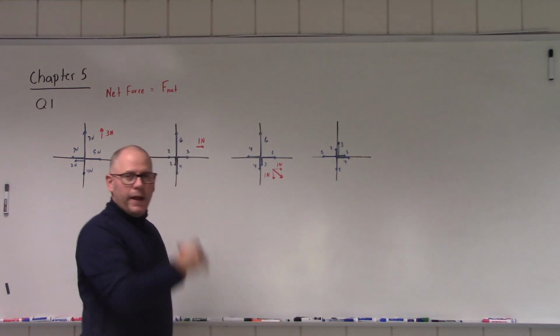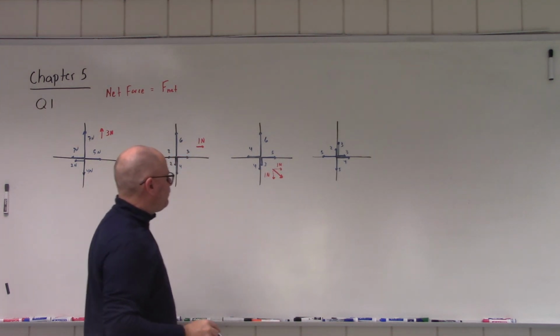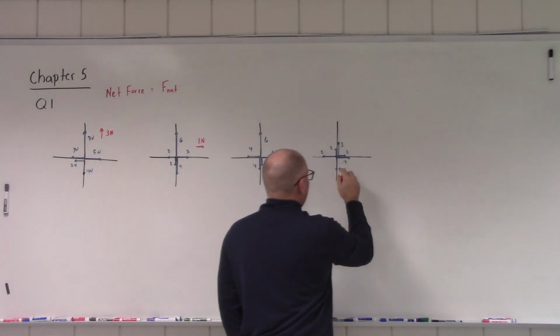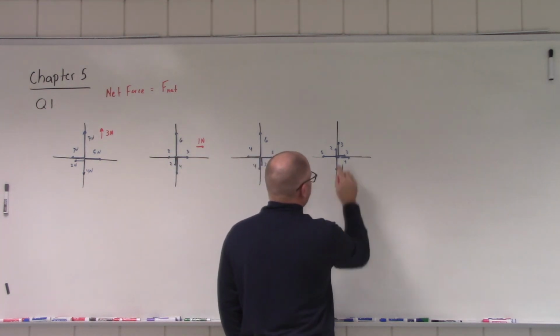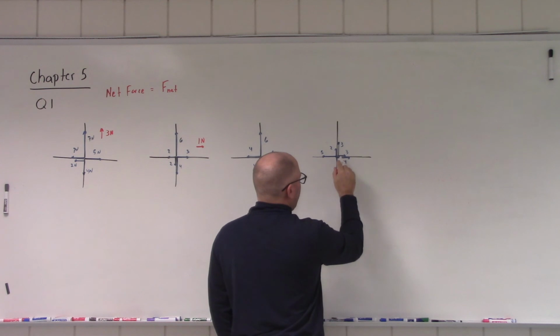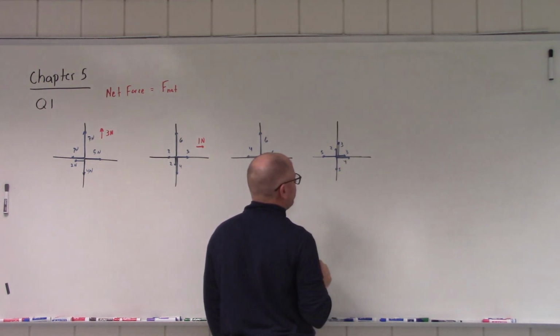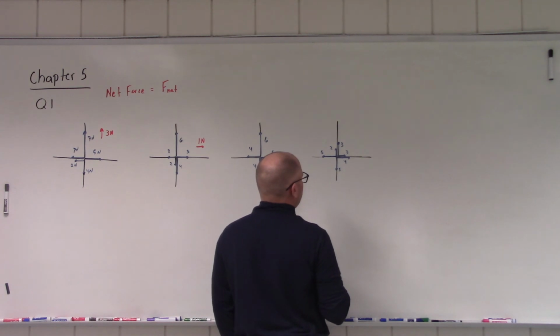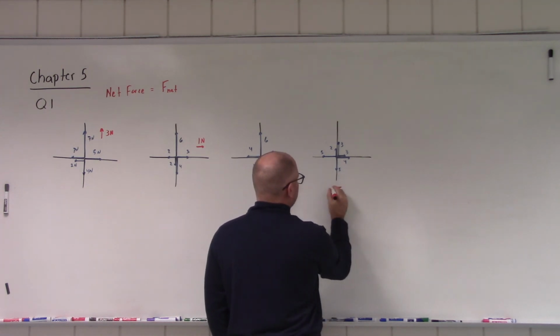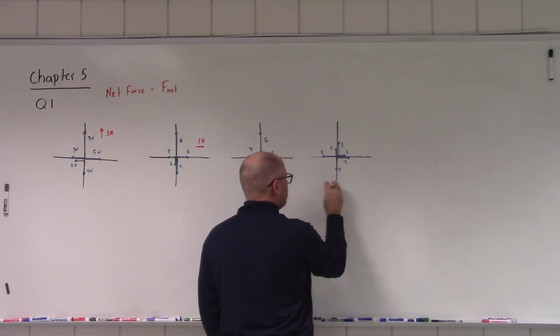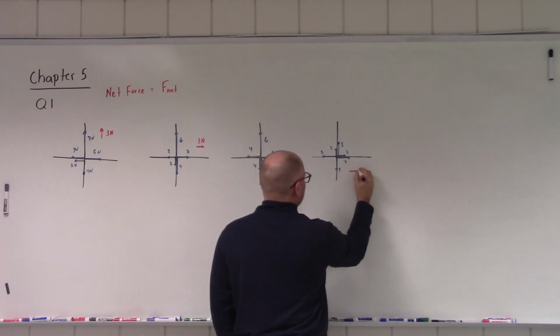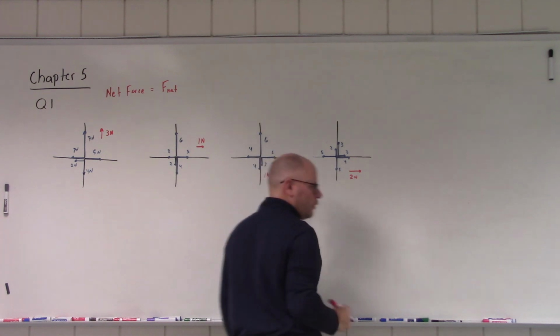So the F net is down and to the right. And this one here, it looks like I have 5 up and 5 down. Looks like 7 right and 5 left. Oh, just kidding. 2 newtons to the right.